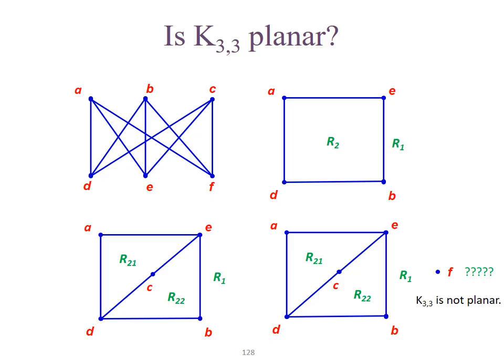If F is in R1, then it can connect to B and A without edge crossings. But when we need to connect to C, there is a crossing. Okay, so in this case, you can see we have tried every way we can, but we cannot avoid edge crossings. So K3,3 is not a planar graph.